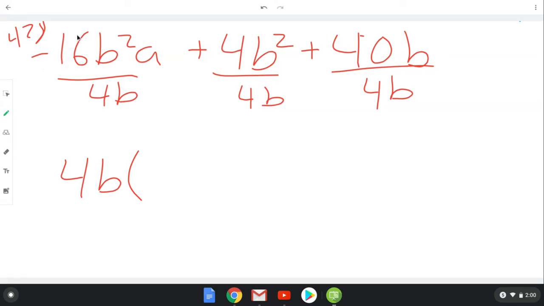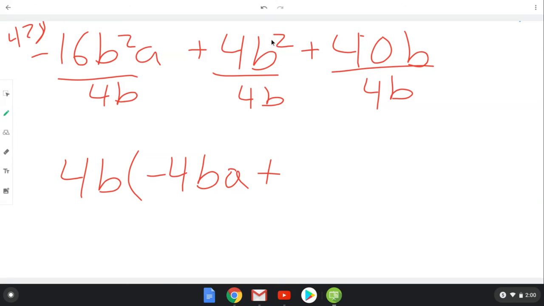So I'm going to say, okay, negative 16 divided by 4 is negative 4. B squared divided by b is just b, right? 2 minus 1 is 1, so it's just b. And then the a just stays, because I didn't divide by a. And then I have 4 divided by 4 is just 1.